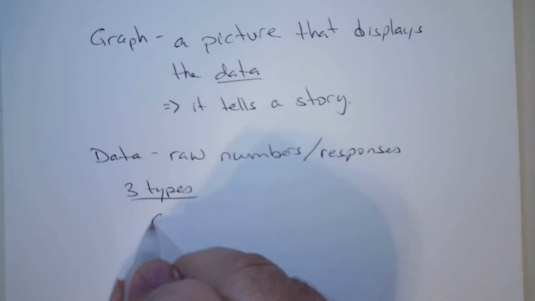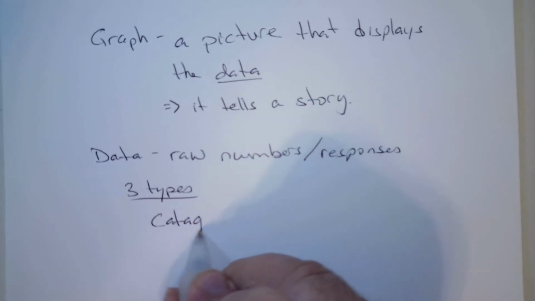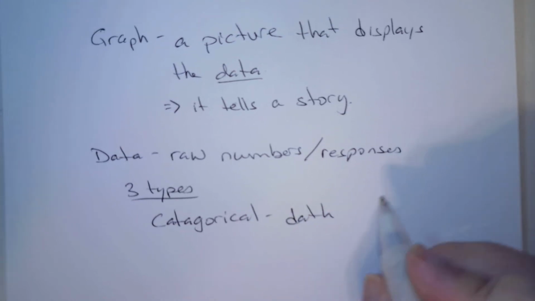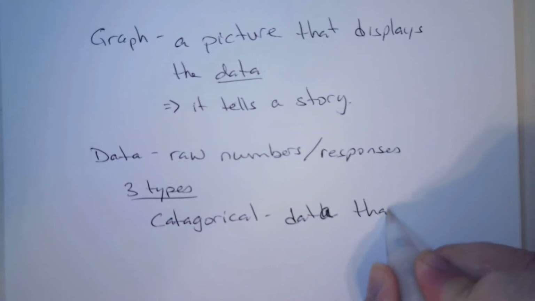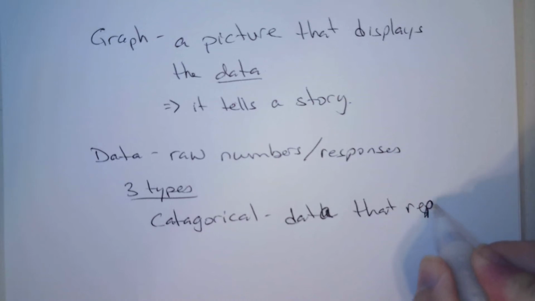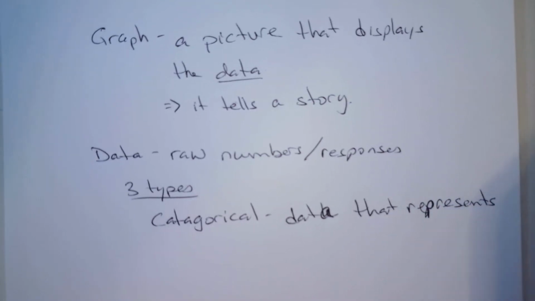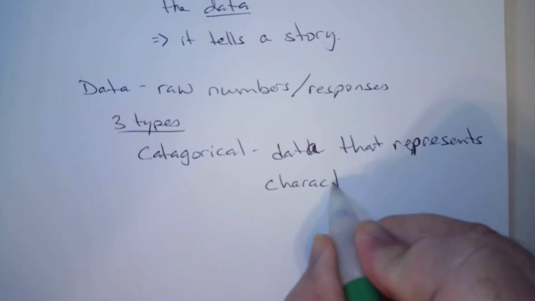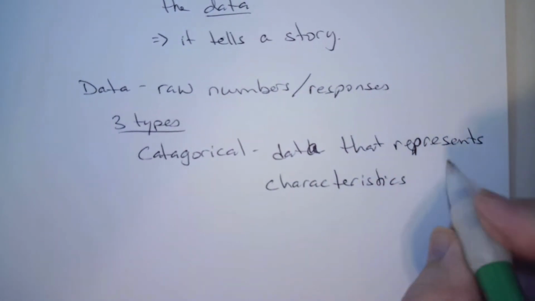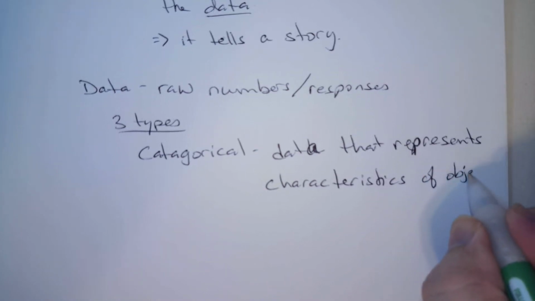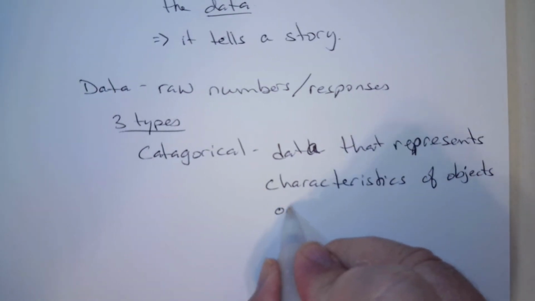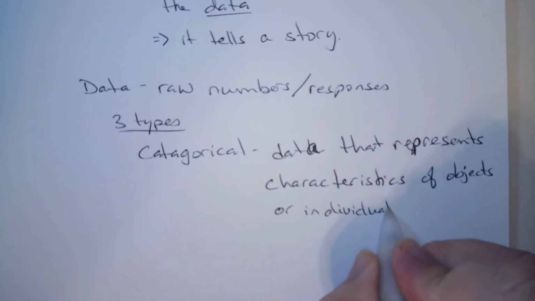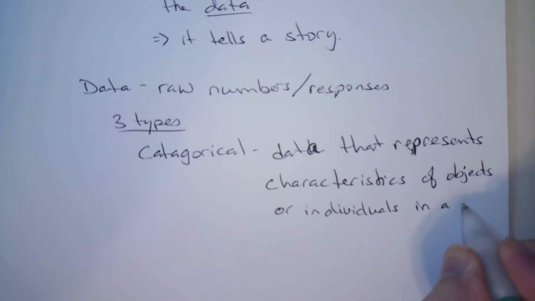We have three types of data. We have categorical. This is data that represents characteristics of objects or individuals in a group.